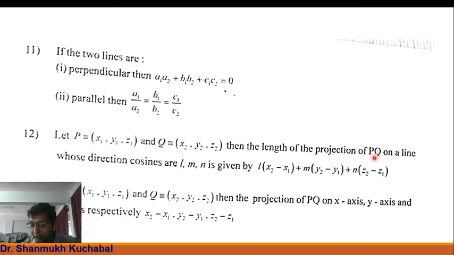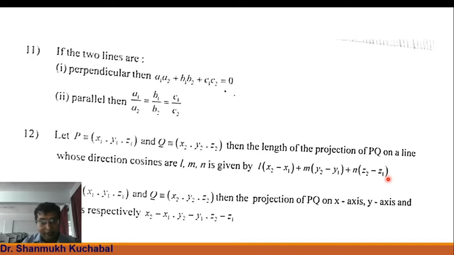I told you in vectors we have to take the final value minus the initial value, that is OQ minus OP: x2 minus x1, y2 minus y1, z2 minus z1. Then we multiply each by the direction cosines: L into x2 minus x1 plus M into y2 minus y1 plus N into z2 minus z1.